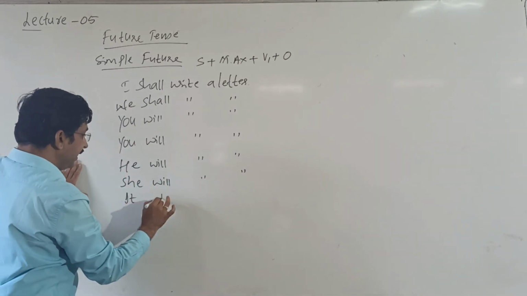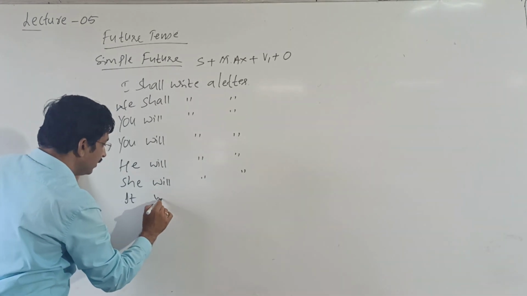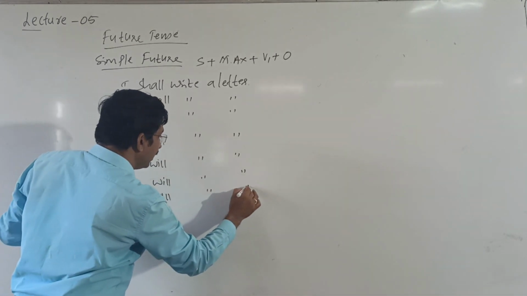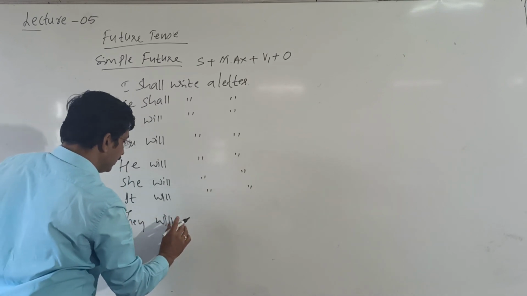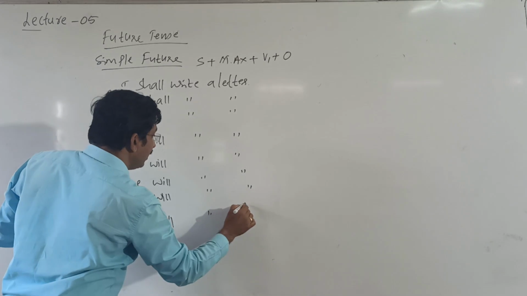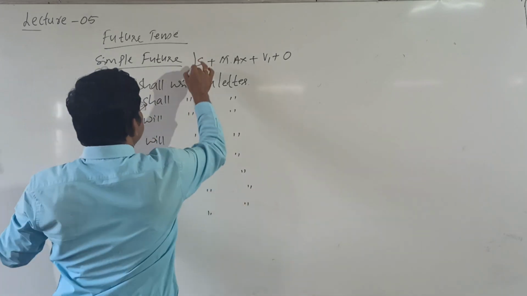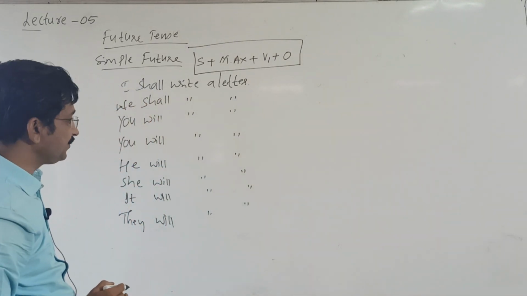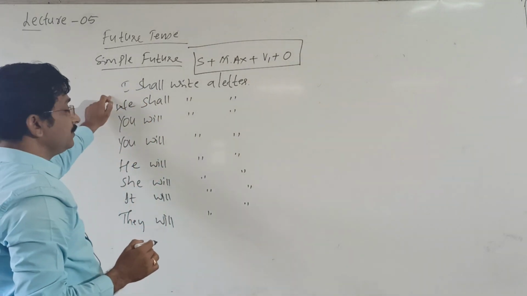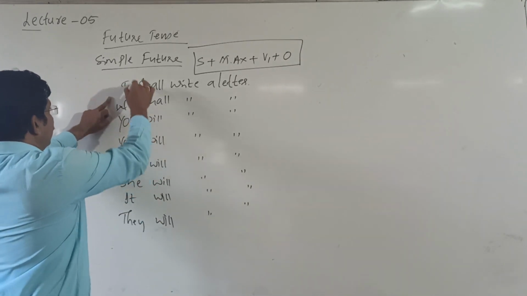And it will write a letter. And they will write a letter. What is the standard form? Subject plus modal auxiliary plus V1 plus object. Okay.